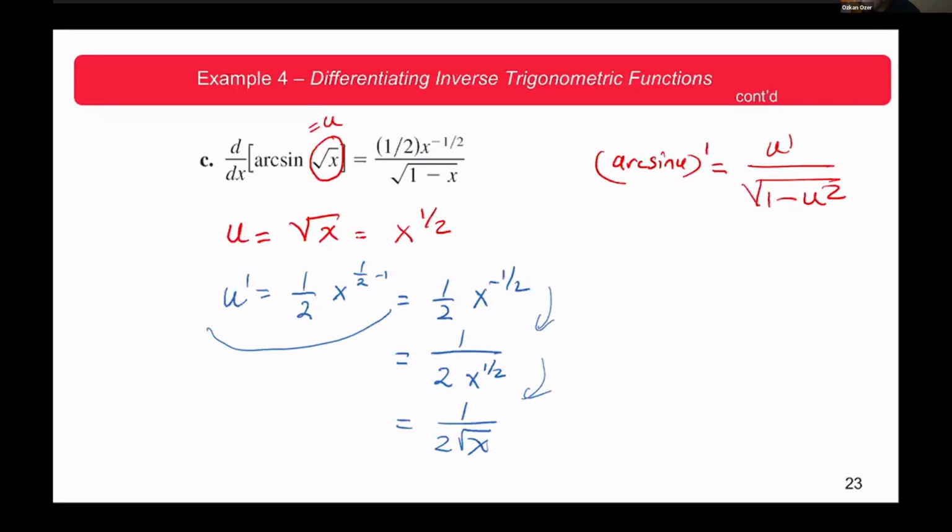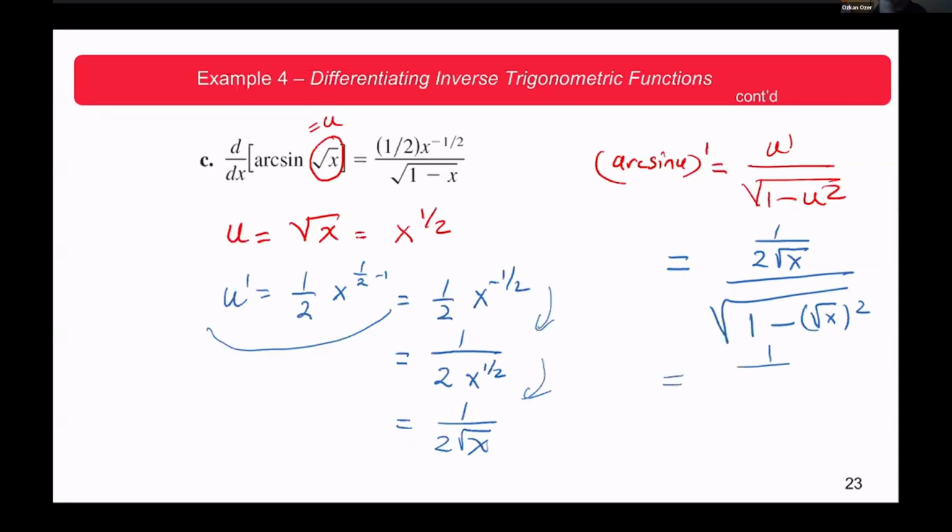Going back to the formula, u prime is 1 over 2 radical x, divided by radical 1 minus u squared. Let me write everything precisely so you can follow. That's u being placed in the formula. Now let's simplify.